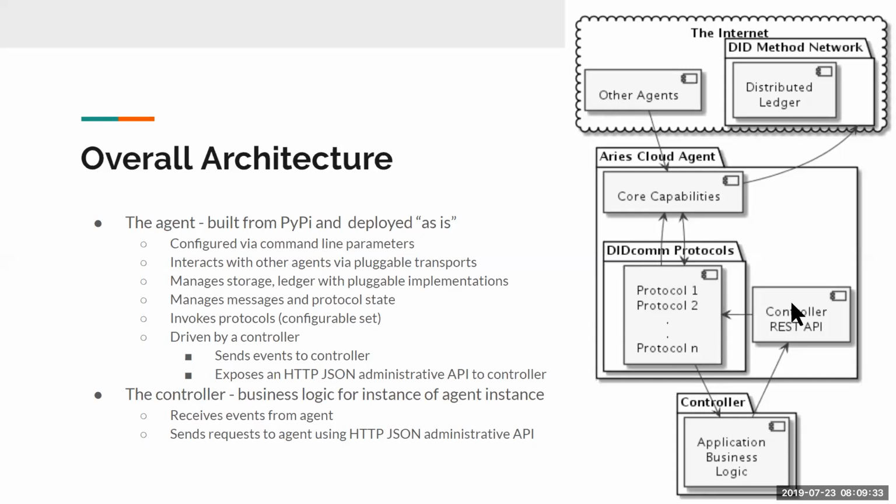And with each protocol, you're also extending the API available to the business, to the controller. So we'll get to those, but yes, that is how they work. You can add more as you want, and they're implemented as Python modules. Great, thanks. Okay.